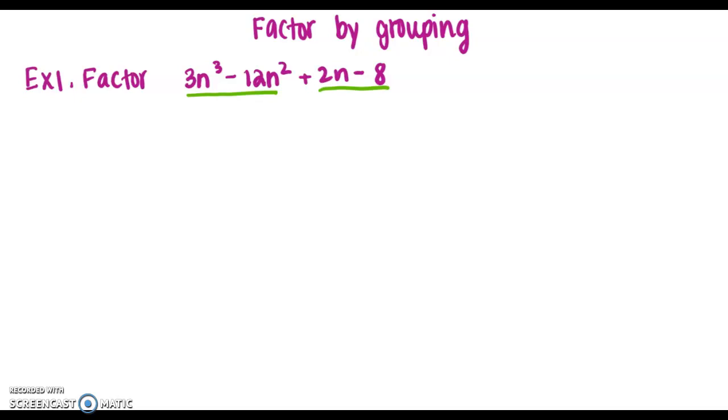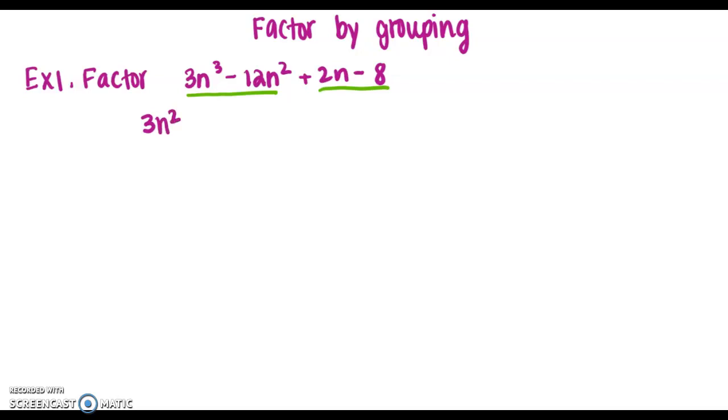So we want to think of the GCF here. What's the GCF of 3n cubed minus 12n squared? The 3 and the 12, the GCF of it is a 3, so you could factor out the 3, and then the n to the third and the n squared, the GCF would be n squared.